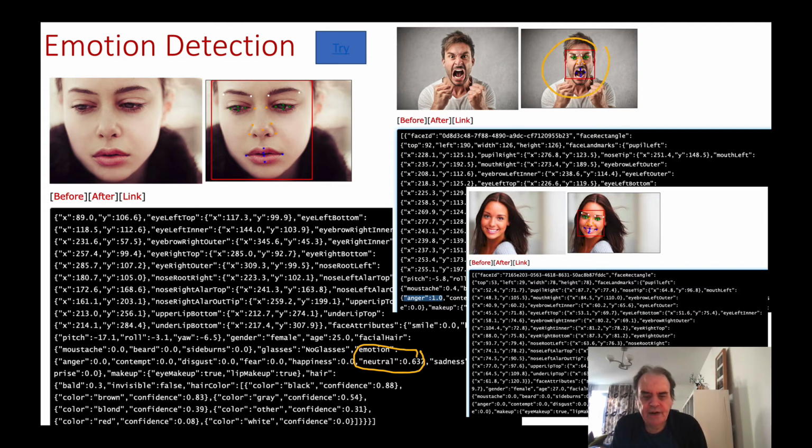When it comes to anger, we can see this is an angry person here, and the anger is getting a score of 1.0, probably because the mouth is open, and the eyes are wide open too. In this case, we see happiness, and the person is smiling there. So there are other emotions: anger, contempt, disgust, fear, neutral, sadness, surprise, and happiness, of course.